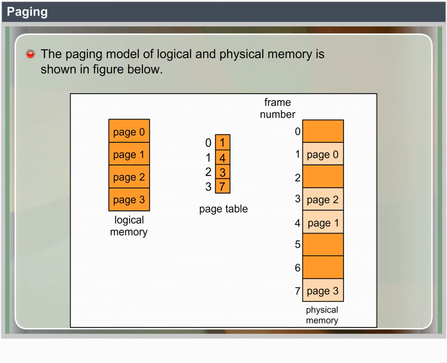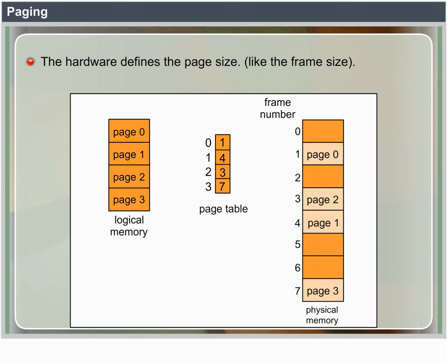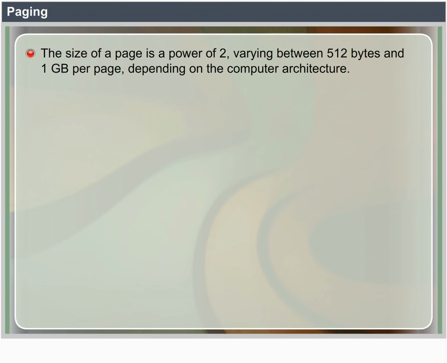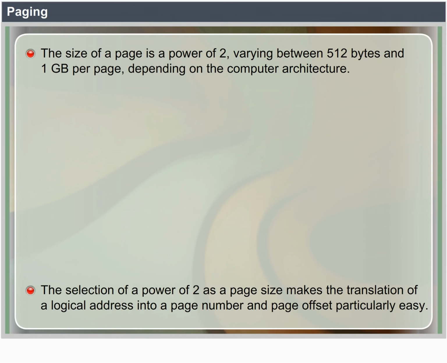The page size, like the frame size, is defined by the hardware. The size of a page is a power of 2, varying between 512 bytes and 1 GB per page, depending on the computer architecture. The selection of a power of 2 as a page size makes the translation of a logical address into a page number and page offset particularly easy.